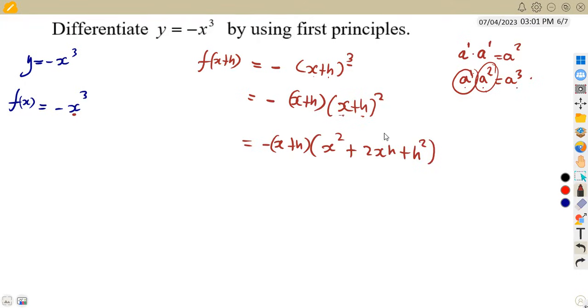So the last thing that we need is to expand now with this bracket. You can even ignore the negative if you want. Just ignore this negative, just as if it's not there. Expand everything by x. So it's x times x squared, that is the first part, which is going to be x to the exponent of 3. Then x and this 2xh, so it's going to be 2x squared h.